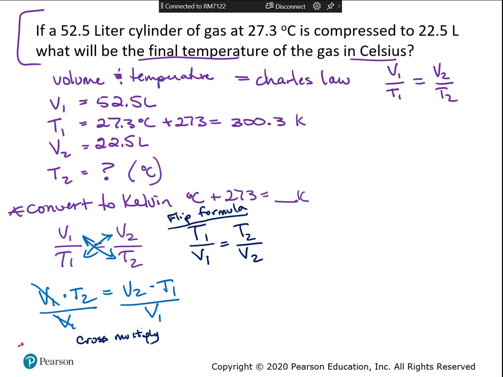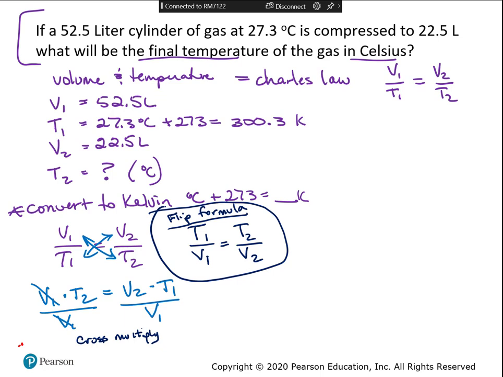But if I flip the formula, do you see that T2 is on the right? I need to move V2, so how would I do that? How do I move V2 over to the left side of the formula? Those all stay. T1 stays, V1 stays.